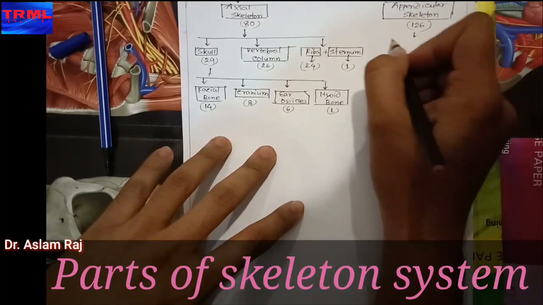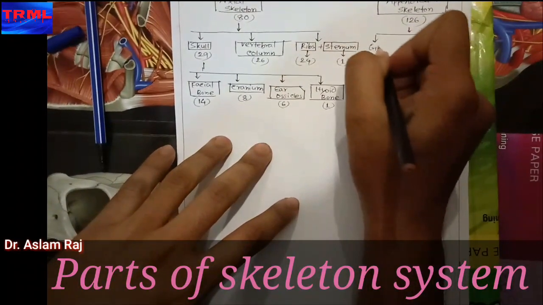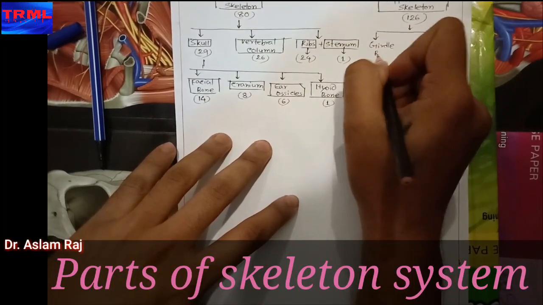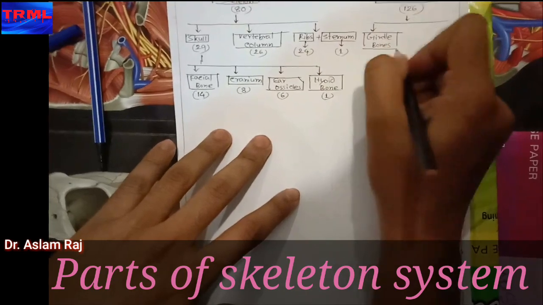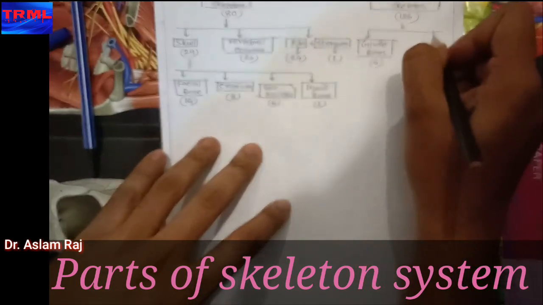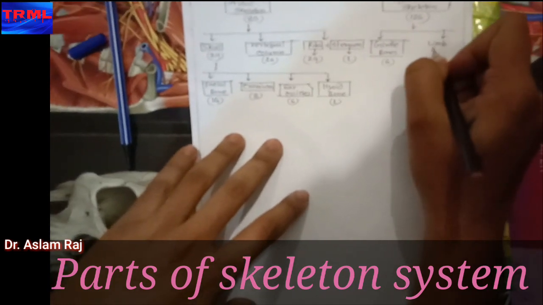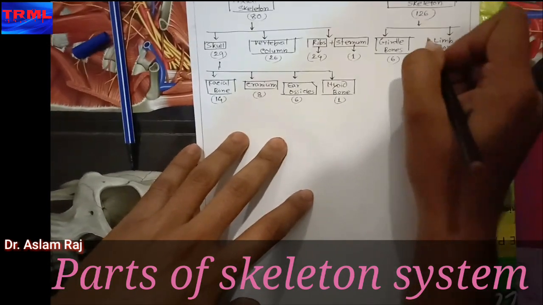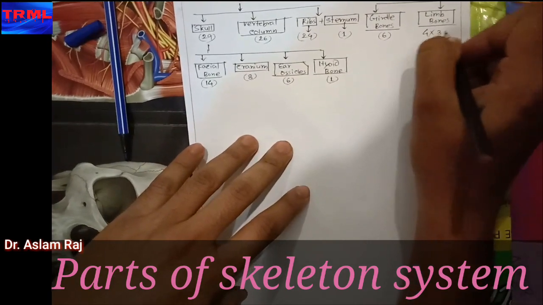Then let's see about appendicular skeleton. Basically it is two parts, girdle bones and limb bones. Girdle bones has 6 bones, and limb bones include 120 bones. Limb bones, we should write here 4 into 30.